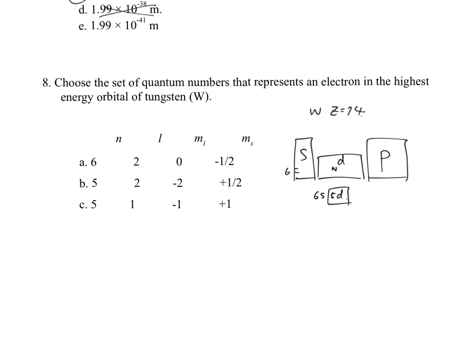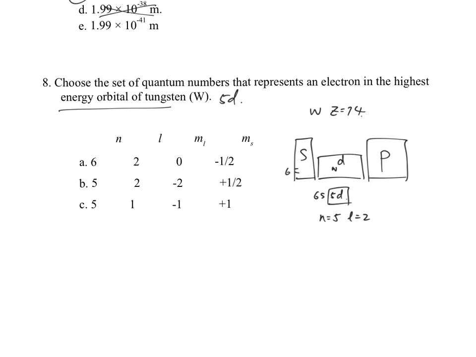The highest energy orbital for tungsten is 5d. Once you determine that, 5d tells you n equals 5 for sure. That's your shell number. 5d also means that L has to equal 2: 0, 1, 2, 3, S, P, D, F.